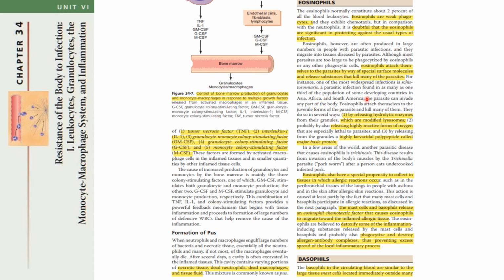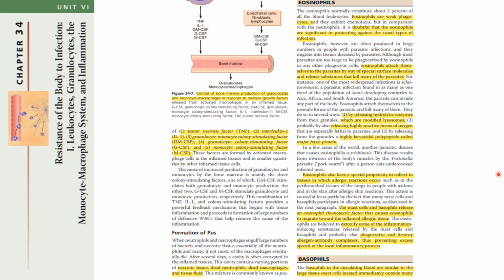Eosinophils. Eosinophils make up about 2% of the blood leukocytes. Eosinophils are weak phagocytes. It is doubtful that eosinophils are significant in protecting against the usual types of infection. They attach themselves to parasites by way of special surface molecules and then release substances that kill many of the parasites.